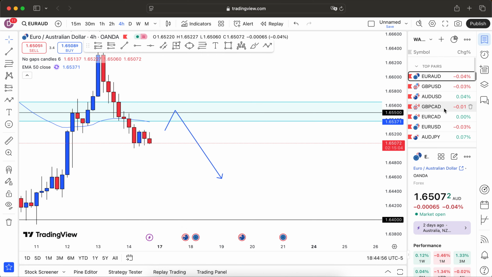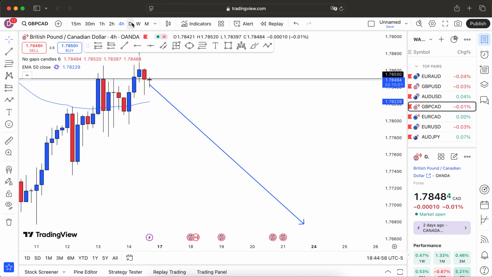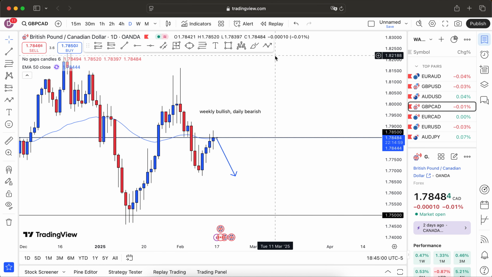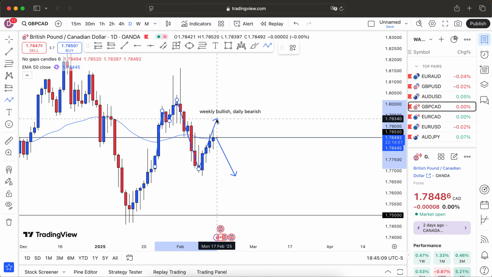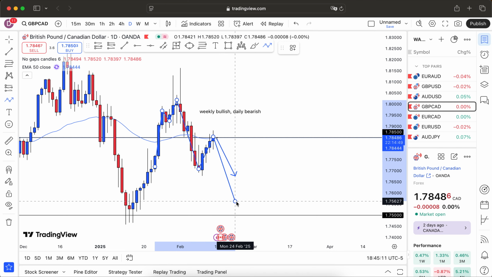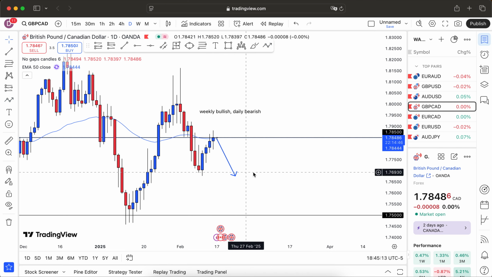Okay, the next one is GBP CAD. GBP CAD again, daily just went bearish, higher high, higher low, higher high, and lower low. This is now a potential lower high to then continue to the downside.